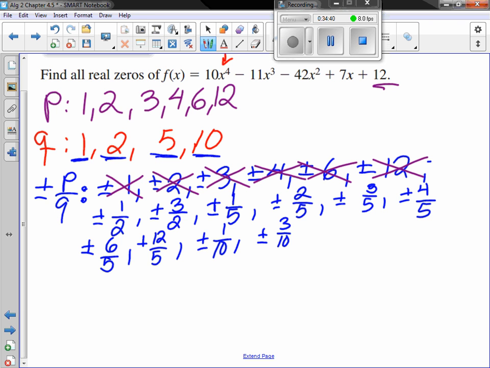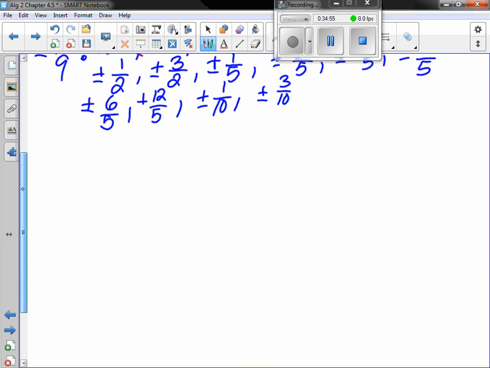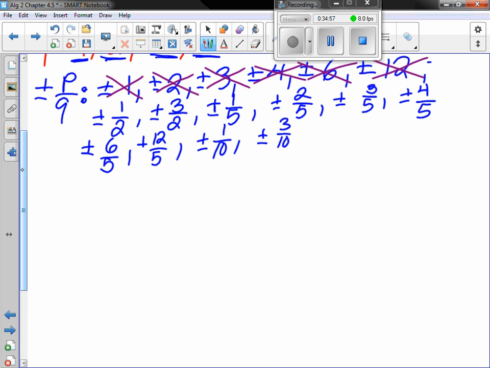It's actually outside of the graph because we only go from -10 to 10, but 12 is not going to work. So let's look at these fractions. Because if I'm looking at these fractions, I have positive and negative 1/2, yes? Hey, is negative 1/2 pretty much almost between negative 1 and 0? It is, isn't it? Okay.